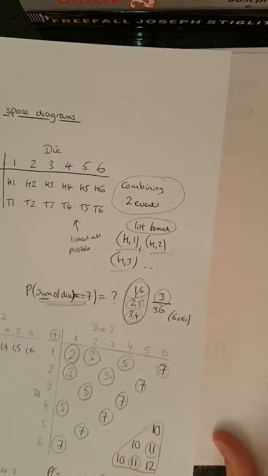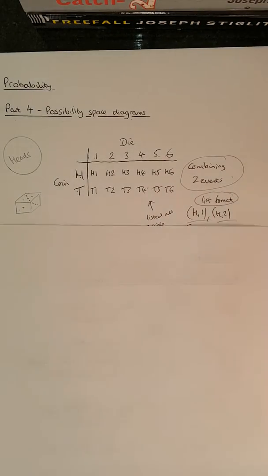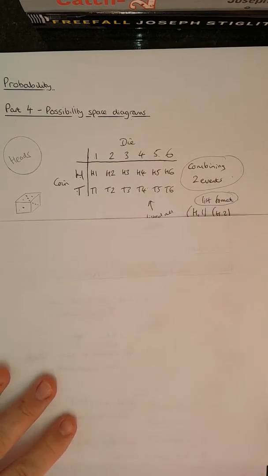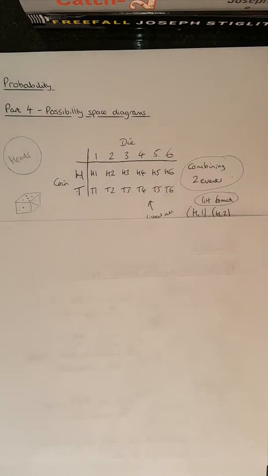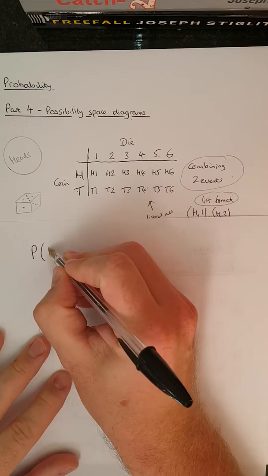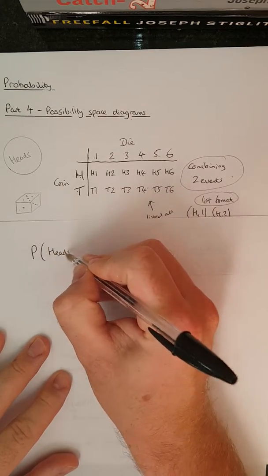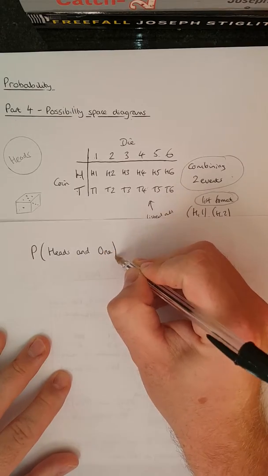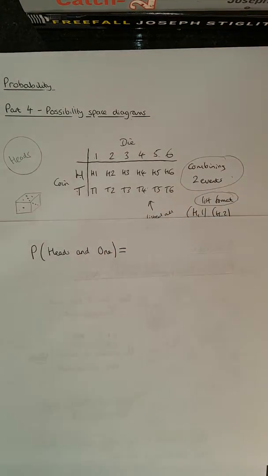So let's go back now, before we move on, and look at this possibility space diagram from part 4. We'll use this for our independent events because we had a coin and we had a die. So the probability of a heads being tossed and a 1 on the die is equal to what?